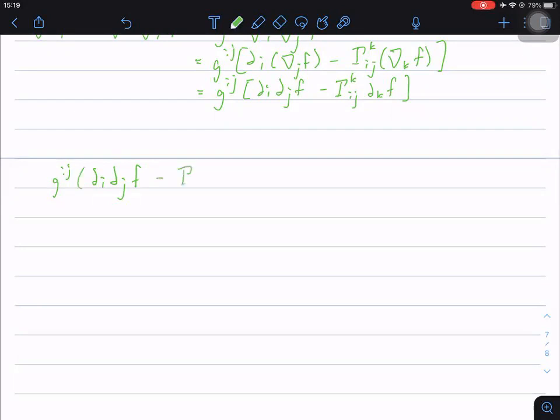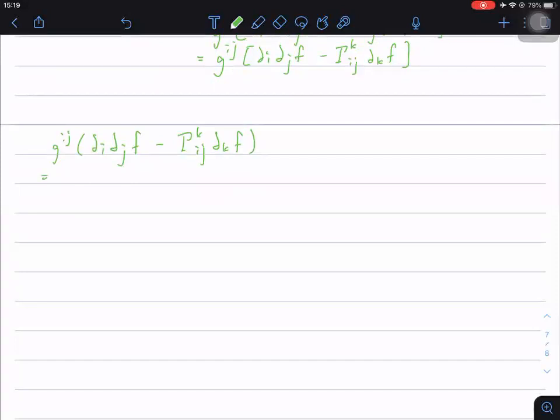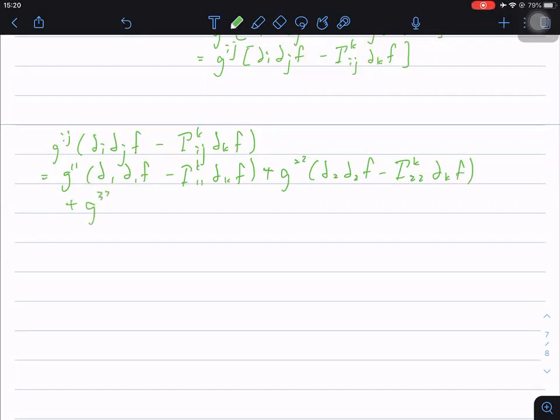For Gii here, again in spherical coordinates, the metric tensor consists only of diagonal terms. So we have G11, and also the Christoffel term, plus G22, minus, and finally G33.